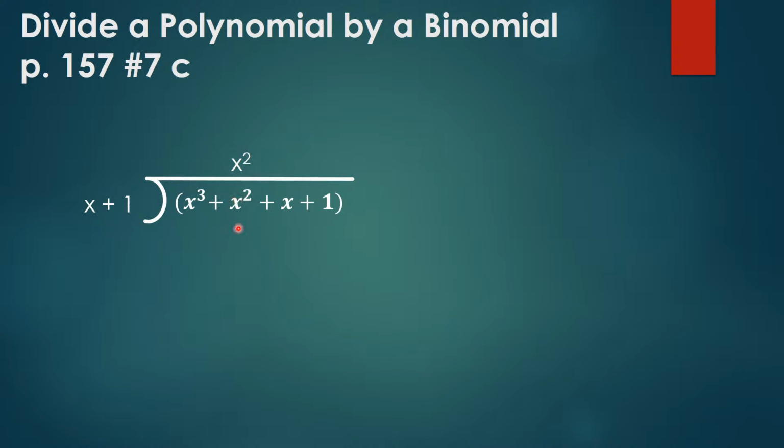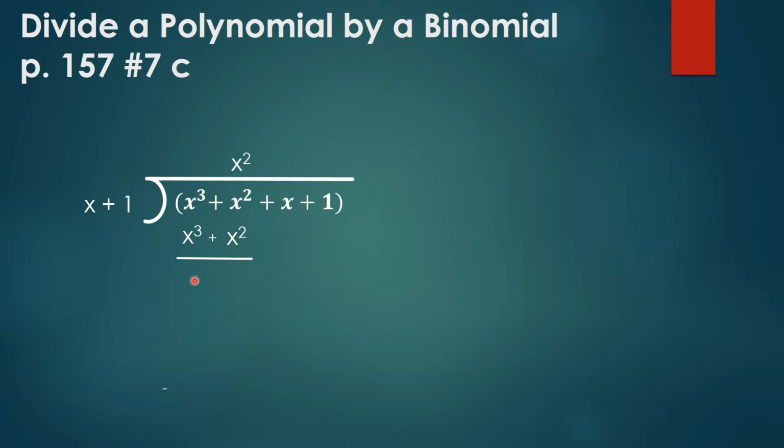In that case, x squared times x gives me x to the third. x squared times 1 gives me 1x squared. And then in this case here, as I did in the example of long division, I subtract the terms.